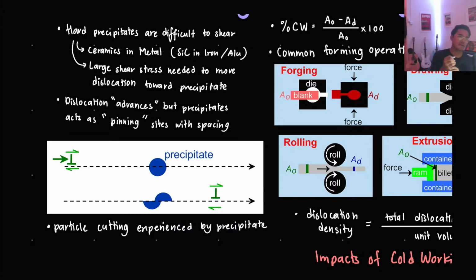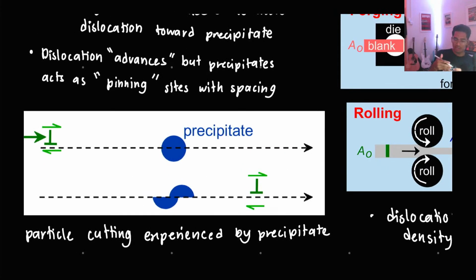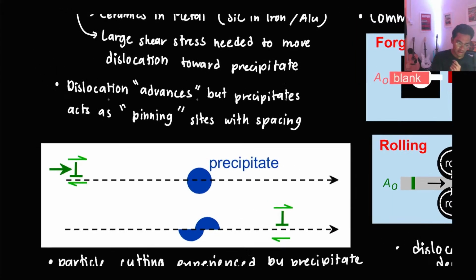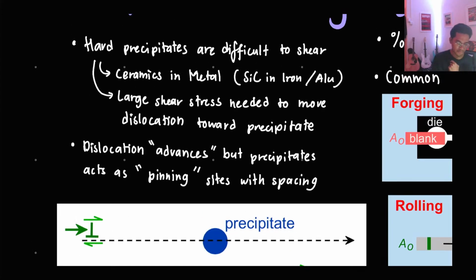The precipitates make the movement of the dislocation harder. In order for one plane to deform, you need to overcome the precipitates' shear stress. For example, hard precipitates are difficult to shear.